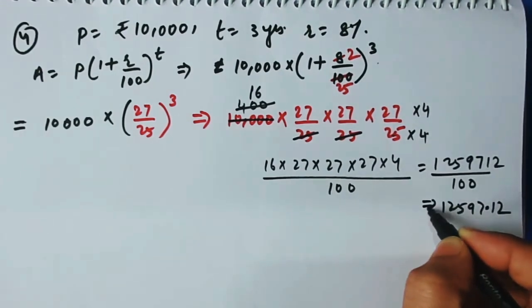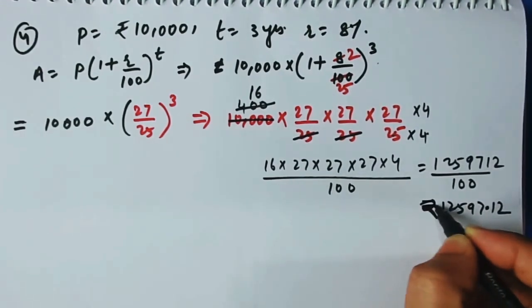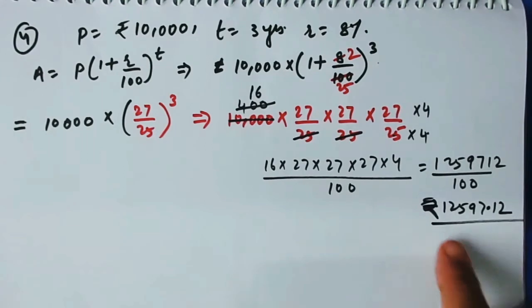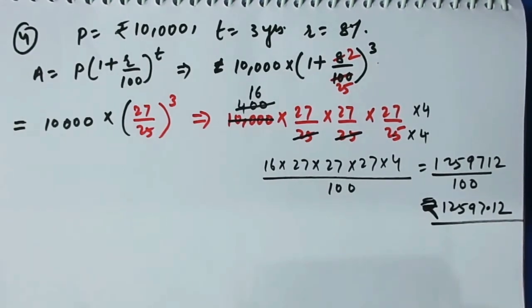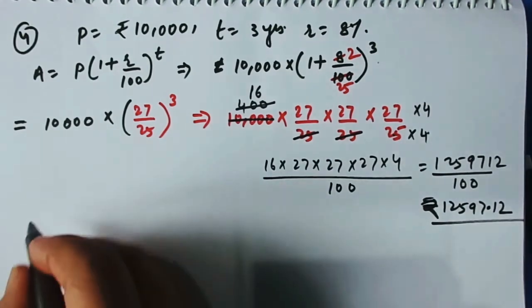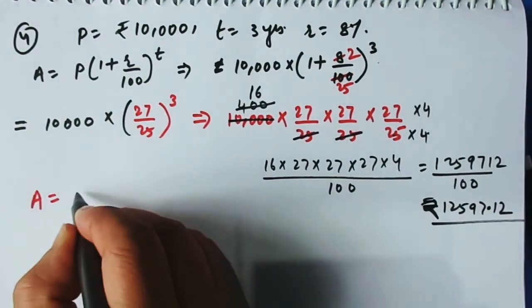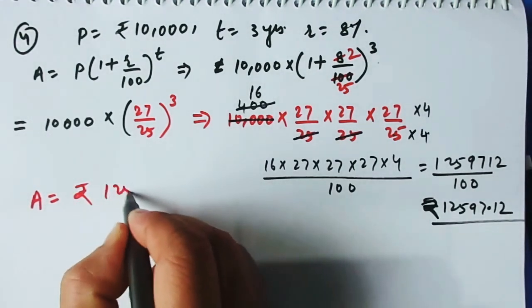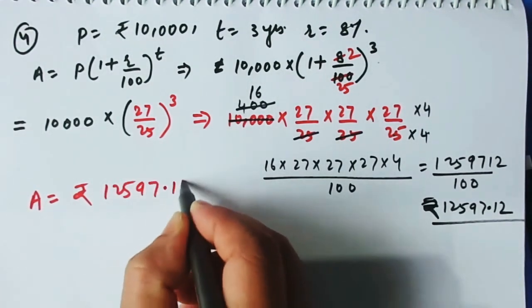12597.12 rupees. What is this? This is your amount. So your amount was rupees 12597.12.